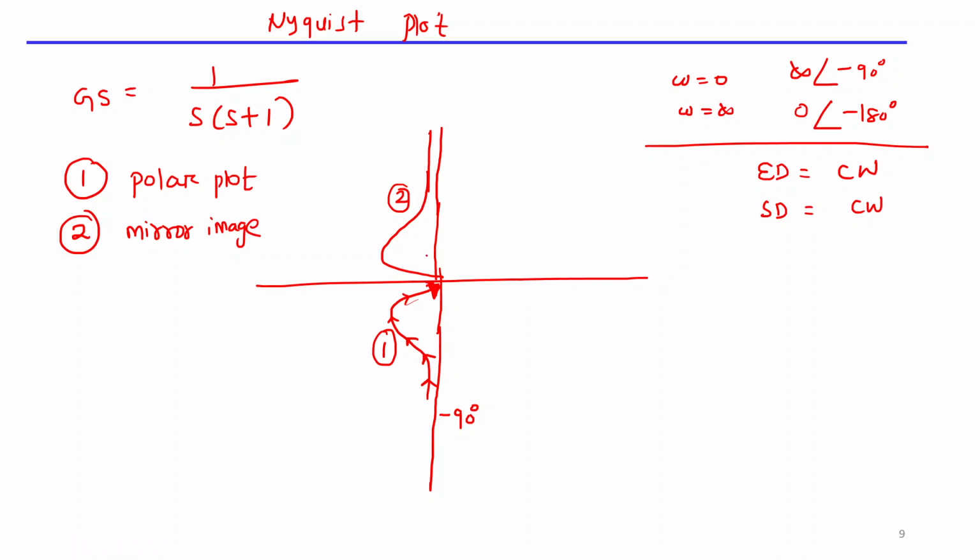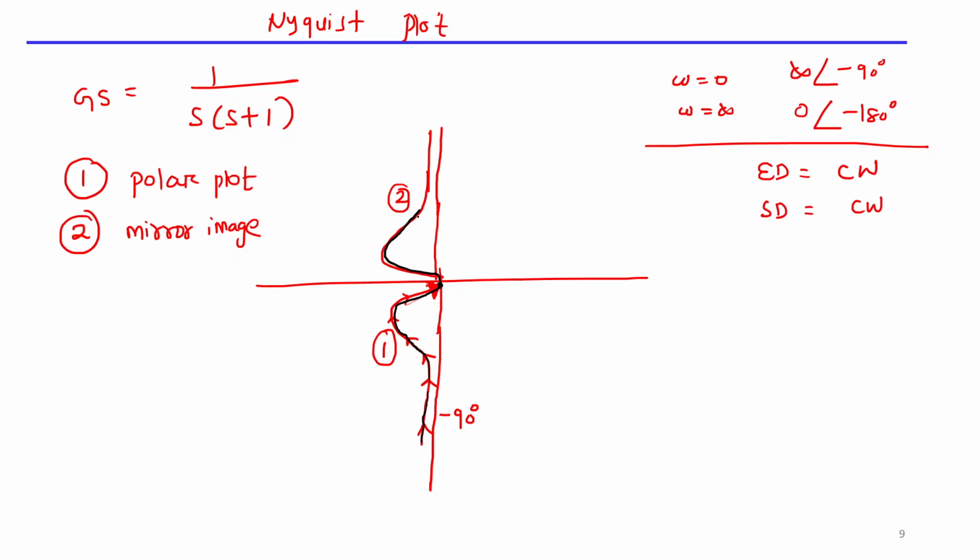Yes, sir. And you also follow the same direction. It means you have started, sir, like this. I'm just changing my pen for your understanding. I start like this, then I move along the polar plot. At this point, the polar plot is completed. Then, if I take the mirror image, I'll get the second curve. But you just move in the same direction, like my pen is moving.